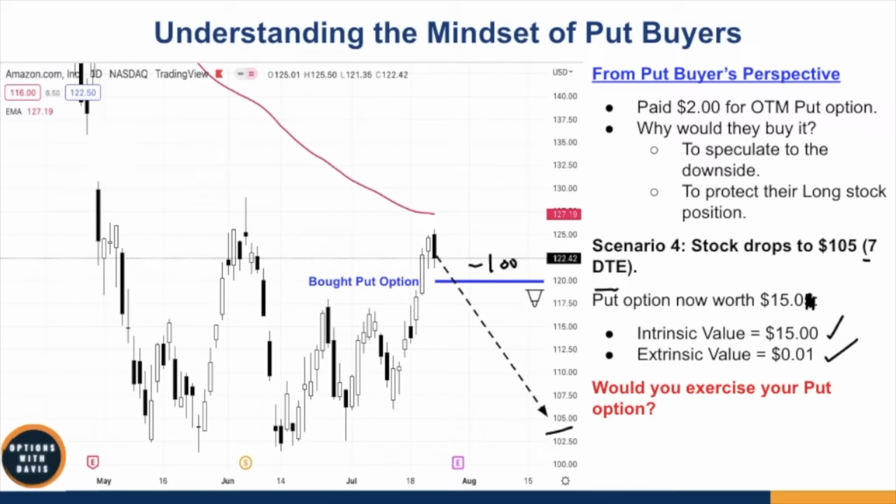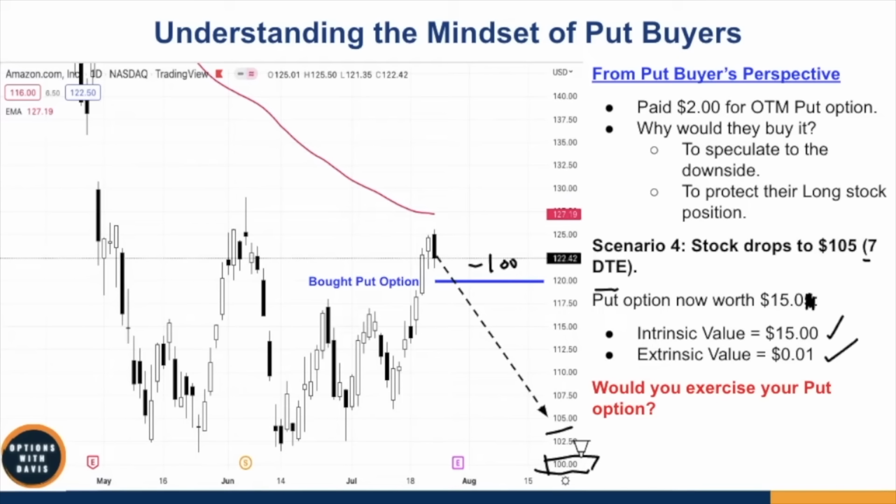For example, you want to short 100 shares and your target is actually not $105. Your target might be $100. Maybe you want to take your profits at $100, but because there's only 7 days left in this put option, you might just want to go ahead and exercise it and hold on to the short 100 shares until it reaches $100. You don't want to wait the next 7 days to see whether it's going to reach $100.